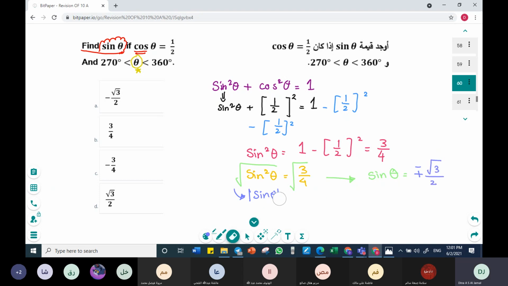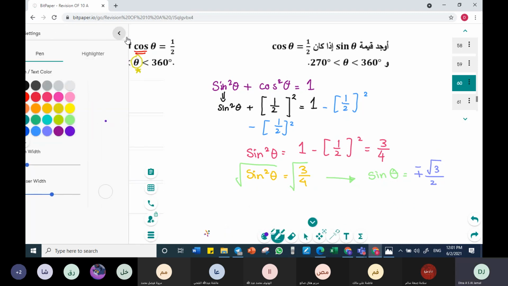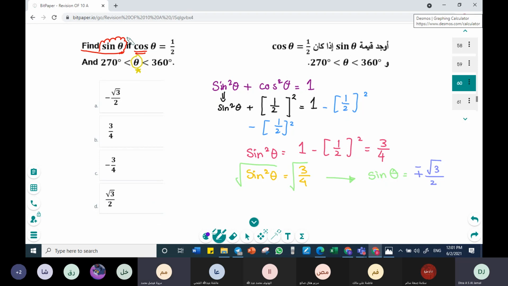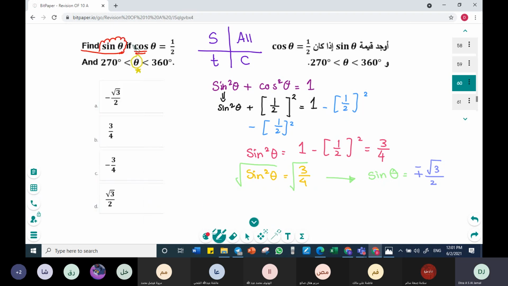Let me ask you a question. How can I know is it positive or negative? We will use "All Students Take Chocolate". All students means S, takes means T, chocolate means C. So, what are we given, which quadrant?